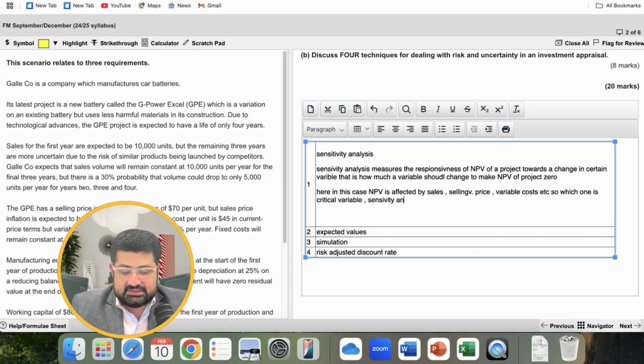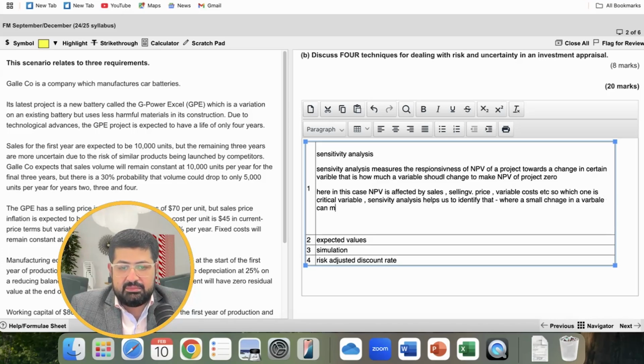Sensitivity analysis helps us to identify that, where a small change in a variable can make NPV 0.